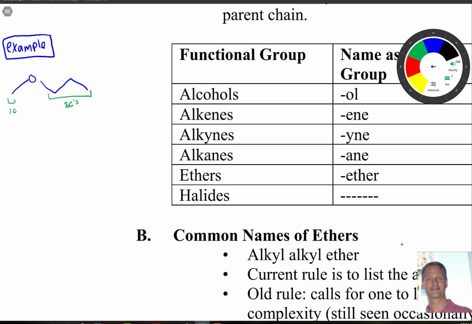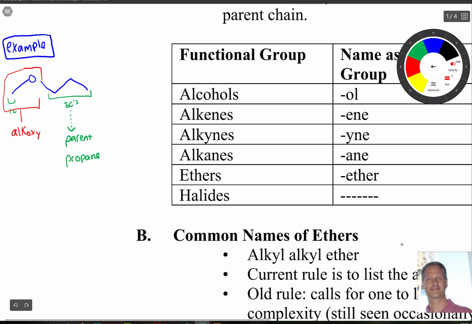So the longer carbon chain is your parent. So that's your parent. 3 is prop, so the parent name will be propane. So then this thing right here, this fellow, is our substituent, and that will be named as the alkoxy.